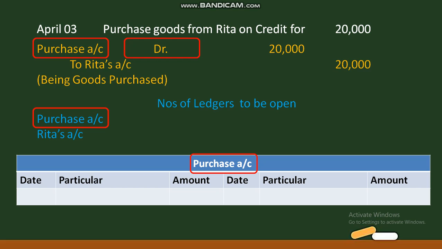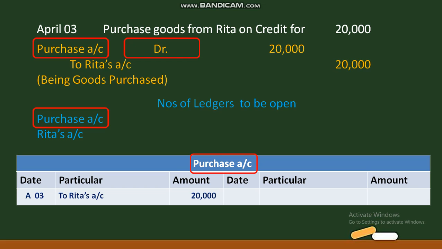In the column of date we put the date, that is 3rd April, and in the column of particulars we write the reason, the source, and the source is Rita. So here we write: To Rita's account, and in the column of amount we simply write the amount. Okay, that was the purchase account.